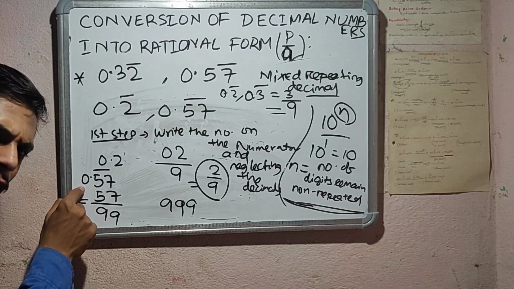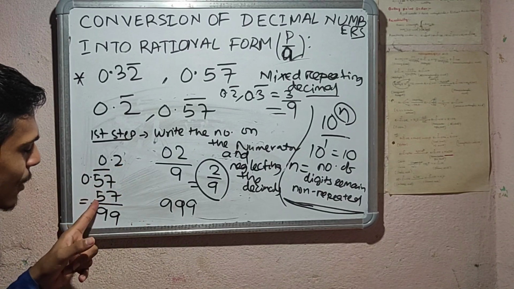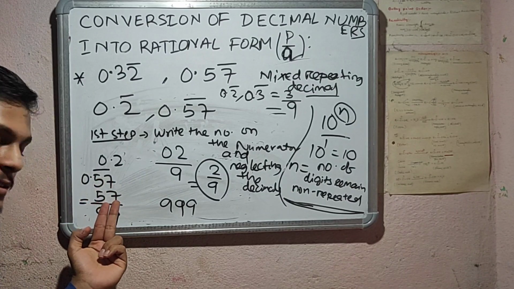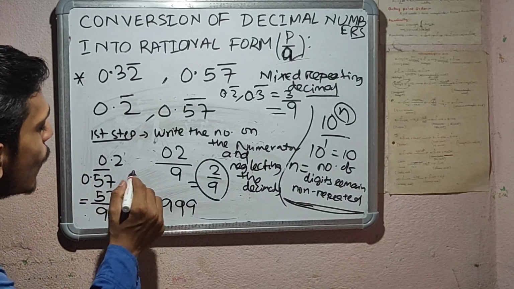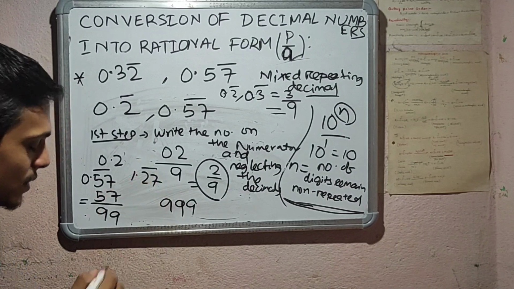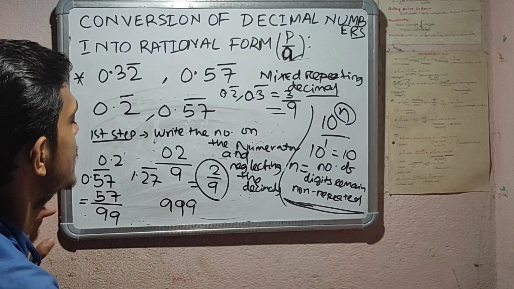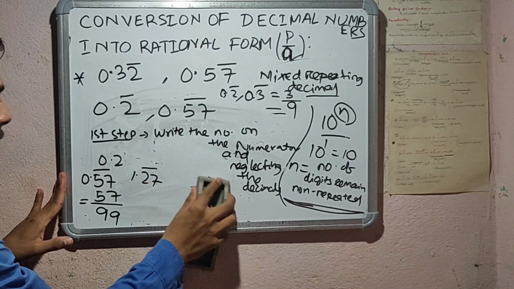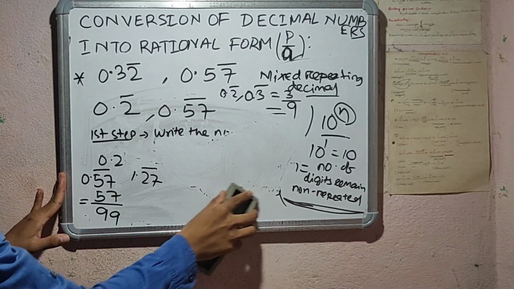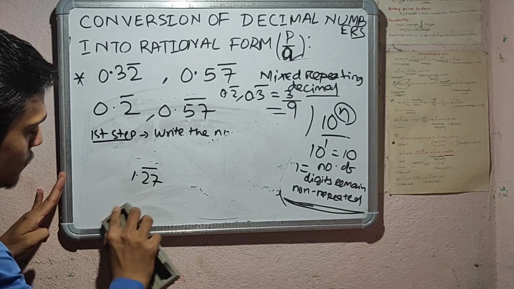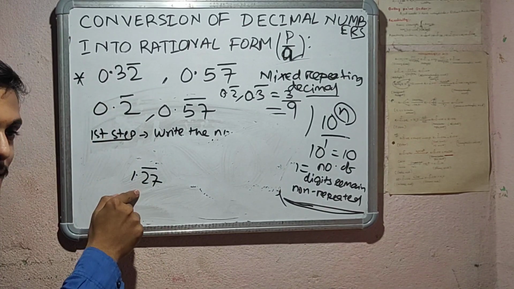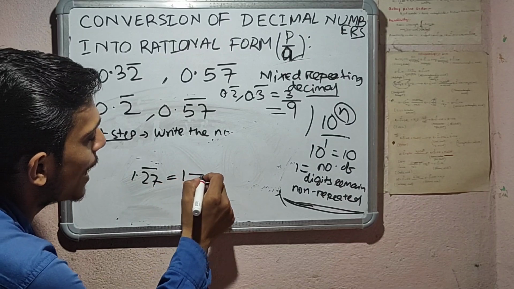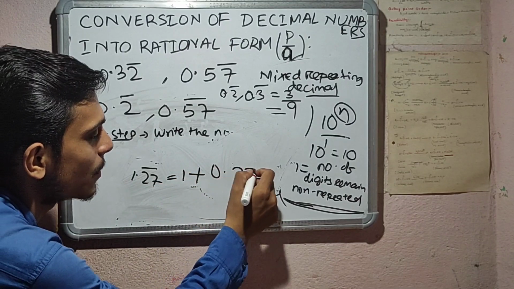If there is 0 point something, you can easily write the two digits after the decimal. But if there is a number like 1.27 with the bar, how can you convert it? See, 1.27 is written as 1 plus 0.27.